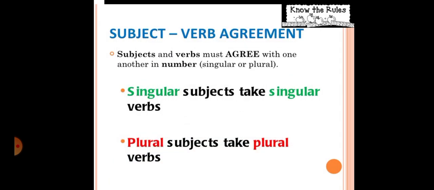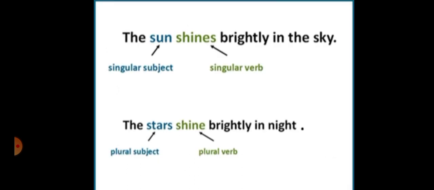Subject-verb agreement. Subjects and verbs must agree with one another in number, singular or plural. Singular subjects take singular verbs. Plural subjects take plural verbs. For example, the sun shines brightly in the sky.